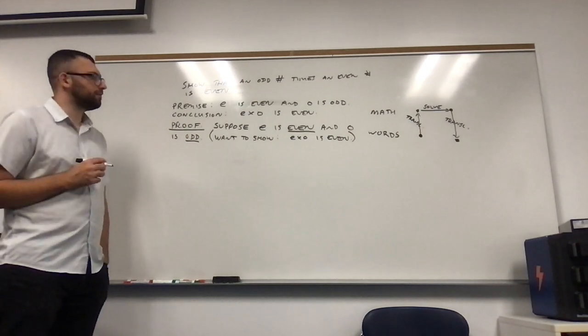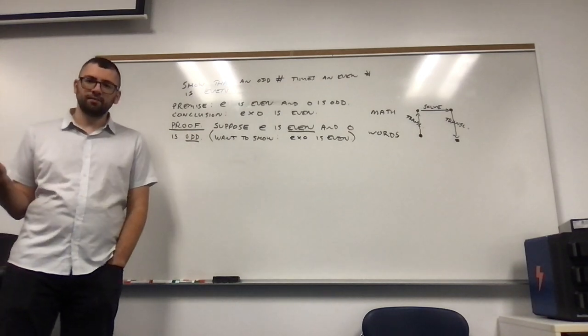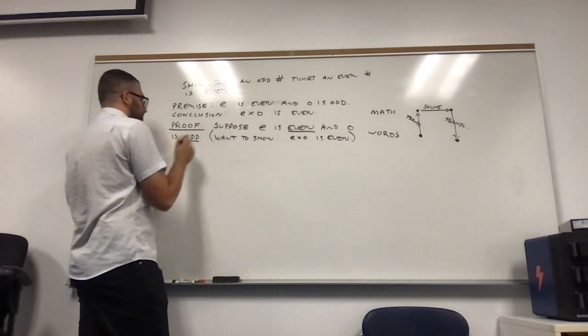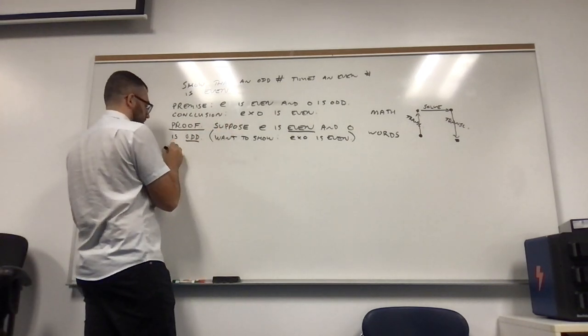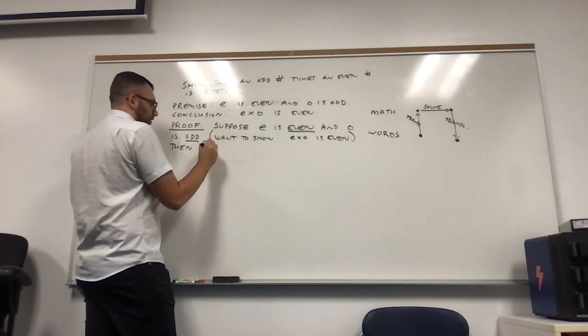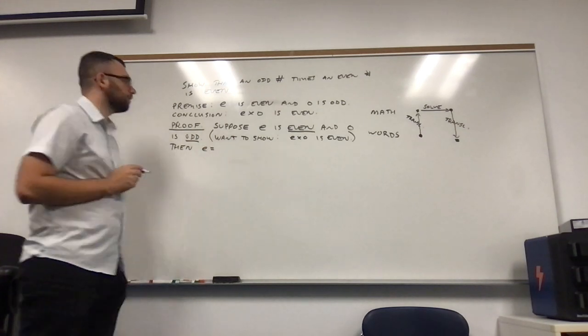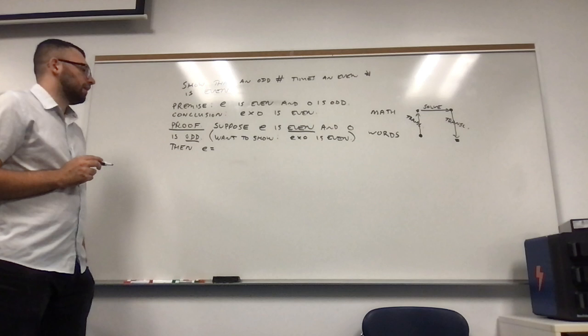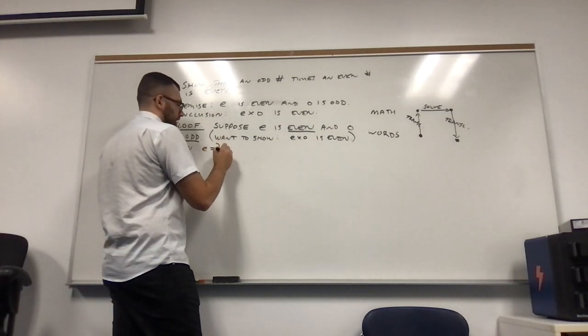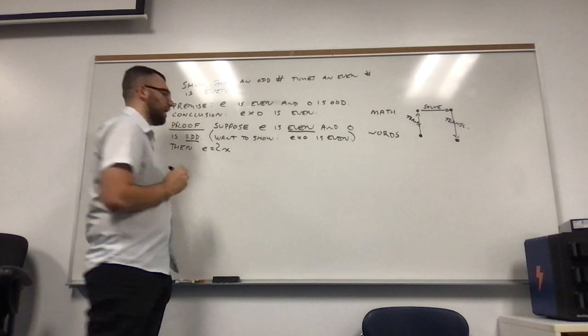So think to yourself, what does it mean to be even and what does it mean to be odd? Well, if a number E is even, we can write E being even by saying that it's 2 times something. Let's call that something X.